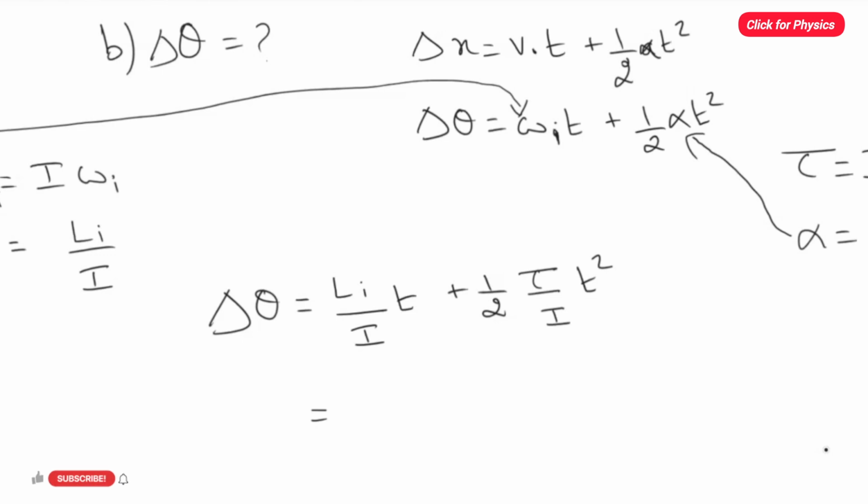Now let's substitute the values. What is the value of the initial angular momentum? Which is 3, right? So 3 multiplied by the time value 1.5, divided by the rotational inertia, which is 0.14, plus half torque, because this time we have to use the real sign.